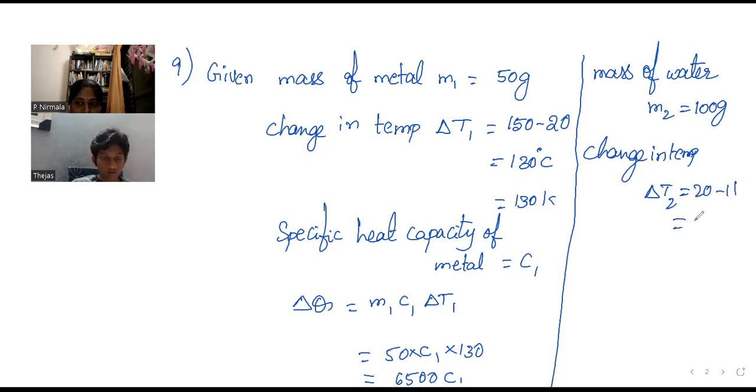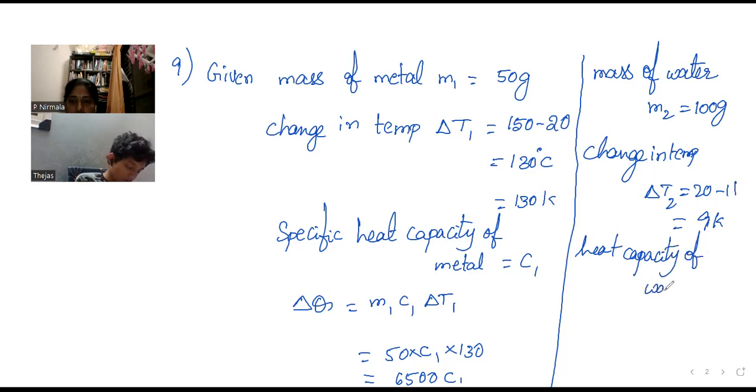20 minus 11, 9. 9 Kelvin. Next, the specific heat capacity of water equals 4.2 joule per gram per Kelvin.